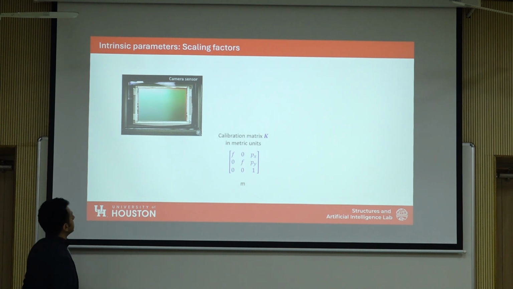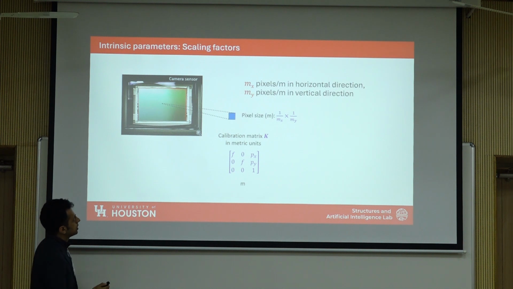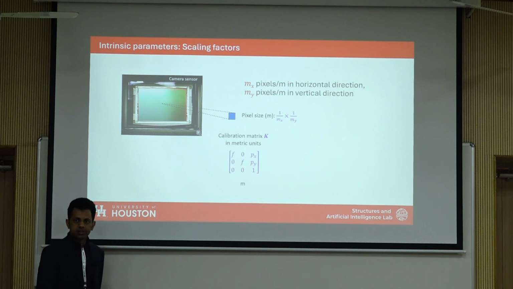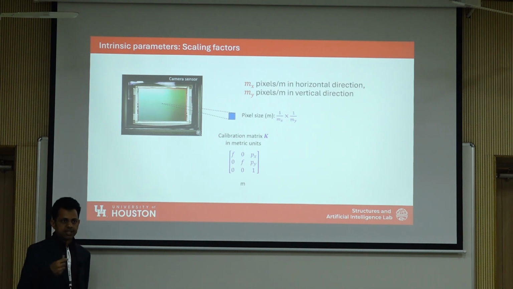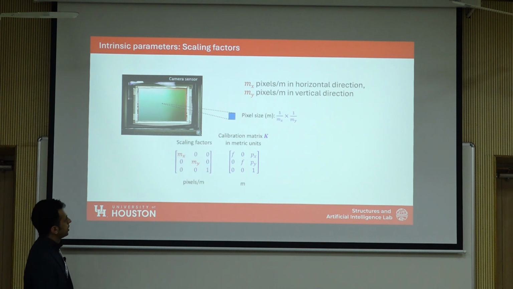And here is an example. So we have a camera sensor here, right? We have some pixel size in meters of each pixel. So we can compute the factor mx and my, which should be the number of pixels per meter in each of these directions from the sensor, because the sensor has a fixed number of pixels where each of those is responding to the light that falls on it.